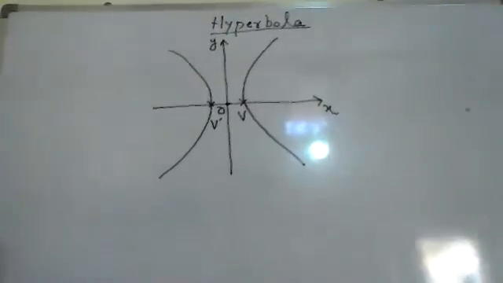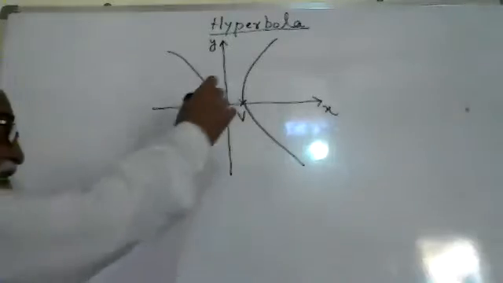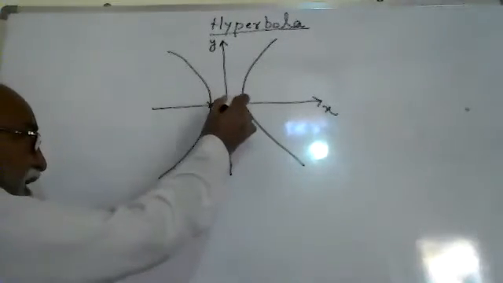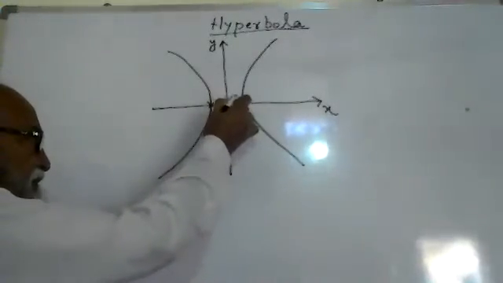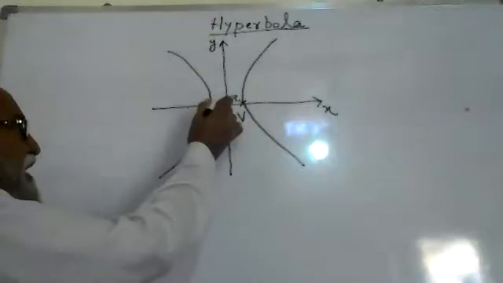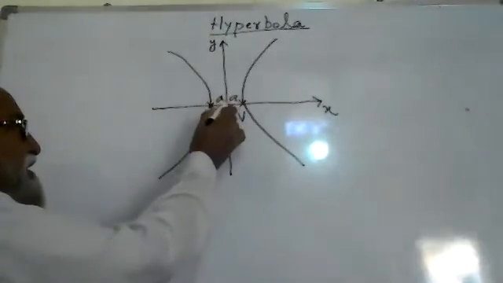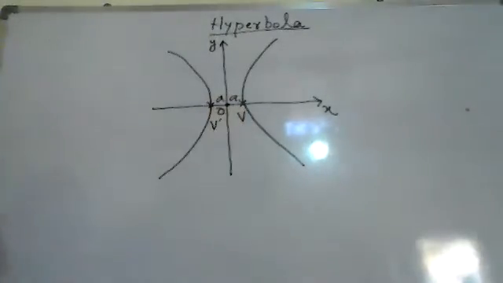So here the center is at origin, 0, 0. And the distance from the center to the vertex will be A. This is also A.